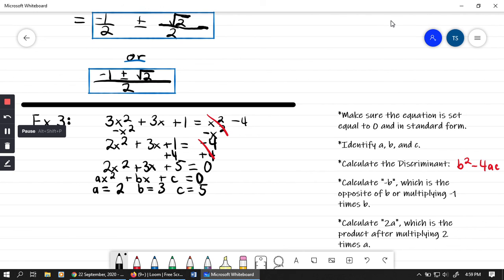Okay, so our discriminant, b squared minus 4ac.